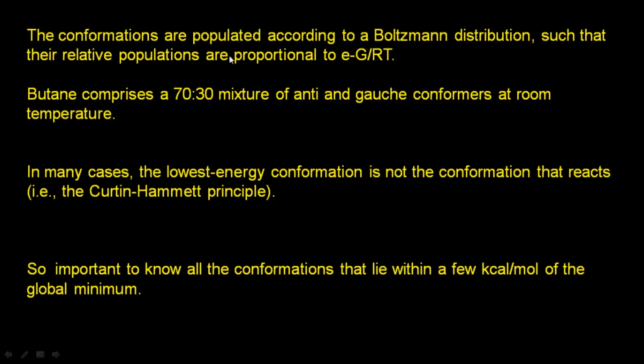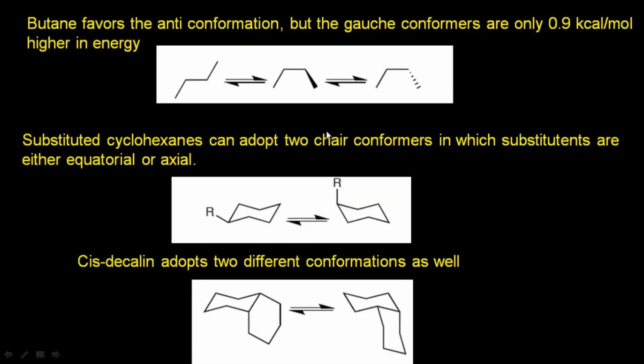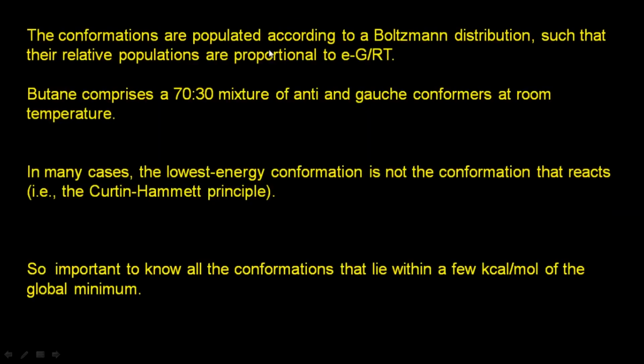For example, butane, you will find both anti and gauche in the ratio of 70-30, because their distribution will be based on e to the minus G by RT. In many cases the lowest energy conformation is not the conformation that reacts. Okay. So, the biological reaction need not be the lowest energy, and there is a rule called the Curtin-Hammett principle. We will look at that.